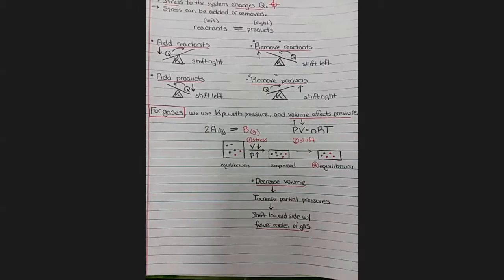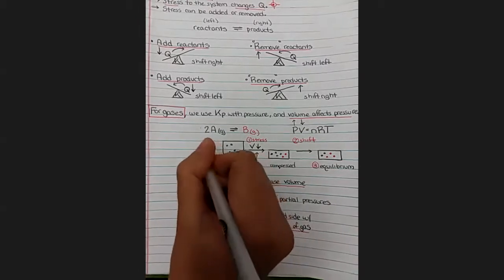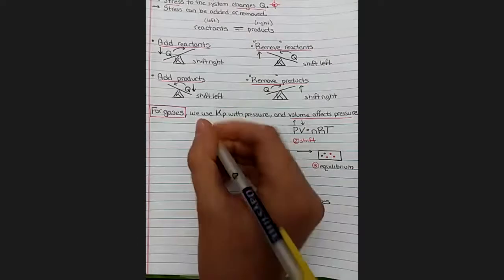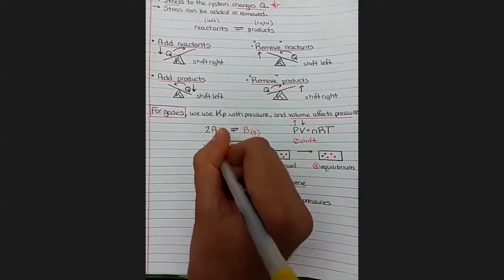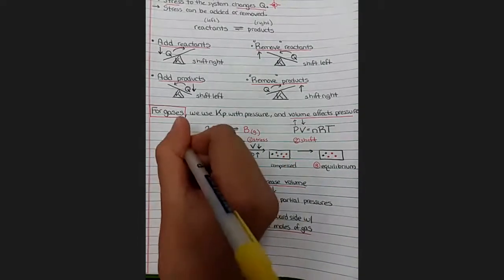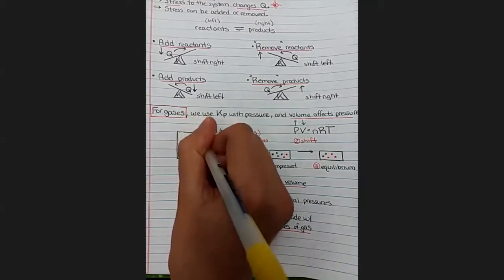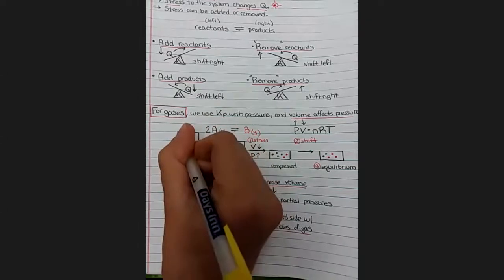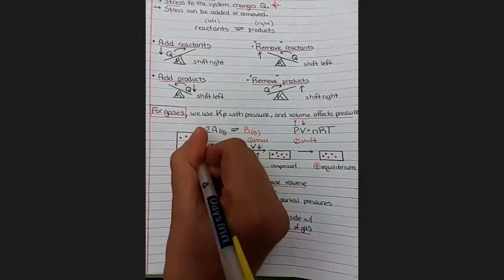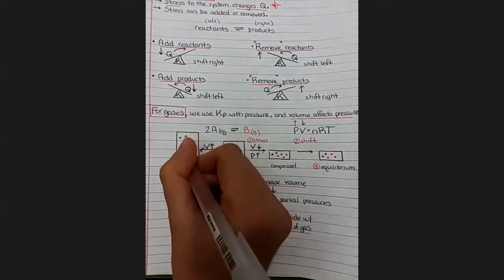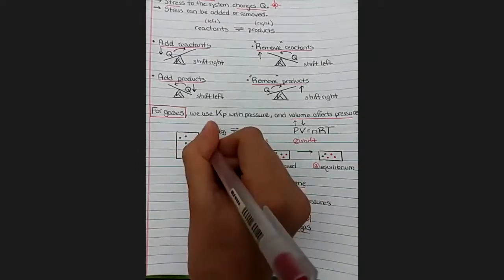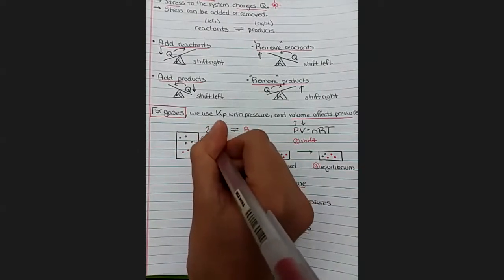Okay, so now let's do the opposite. Let's stress the system by increasing the volume. So we'll try and do something that's a little bit taller here. There we go. We still have 4 particles of A and 2 particles of B after that stress happened.